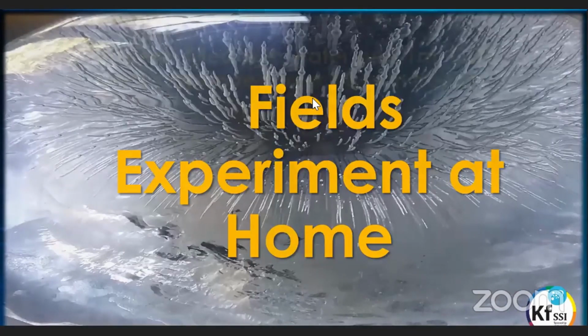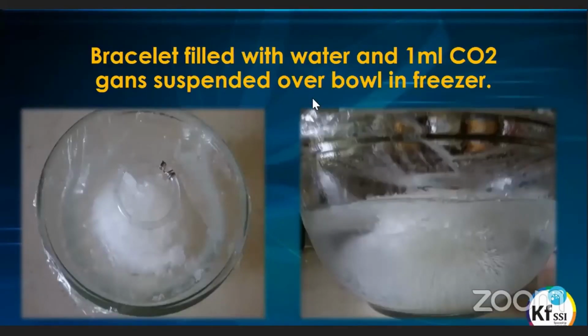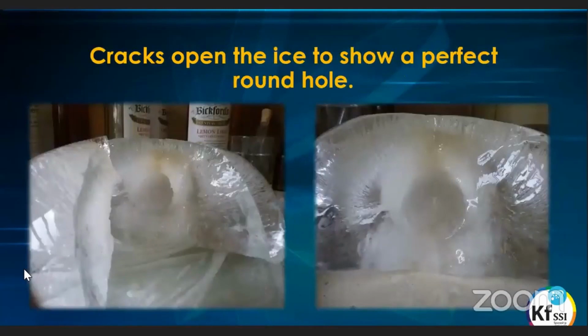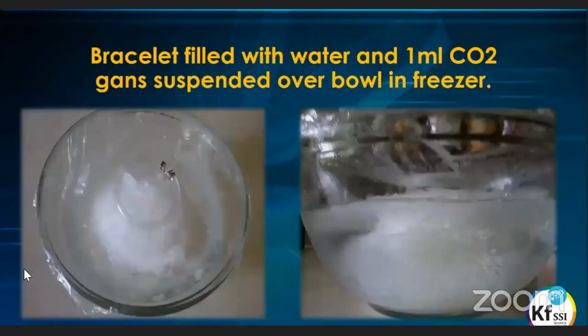You can see the photograph on the left. It's just a small tube that we had filled with water and a small amount of CO2 gas. And what we had done was we had filled a bowl of water, and we'd put a Glad wrap plastic over that bowl, and then we had placed that ring on top so that there was obviously a distance between the water and that bracelet.